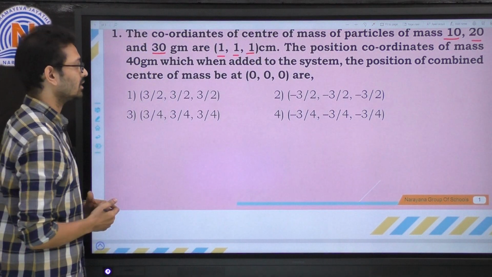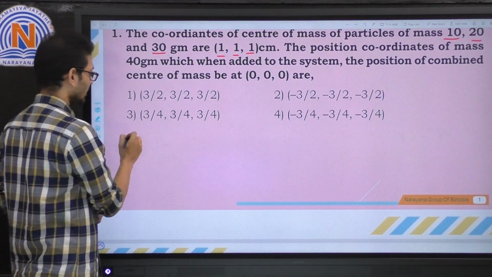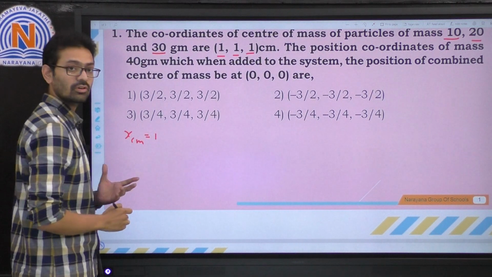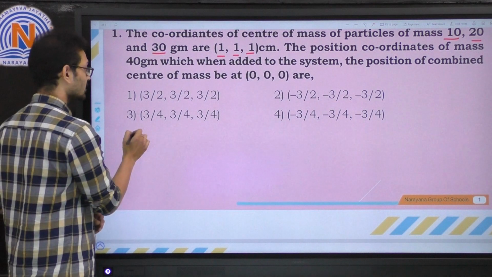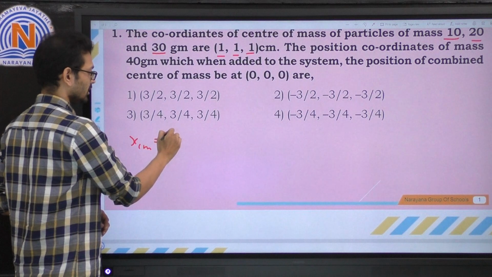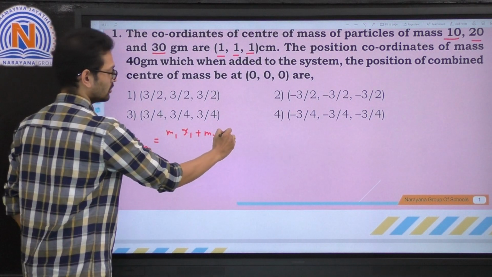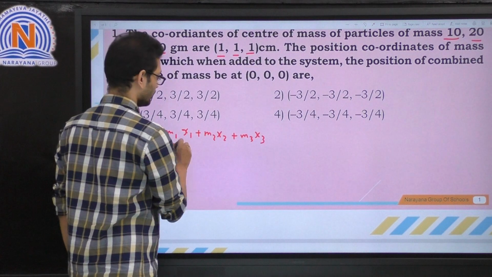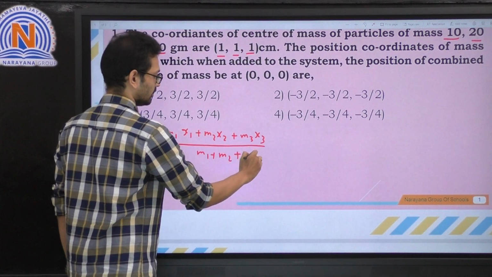If you have to figure out the x center of mass, it is given as 1. So x center of mass is equal to m1 x1 plus m2 x2 plus m3 x3 by m1 plus m2 plus m3.